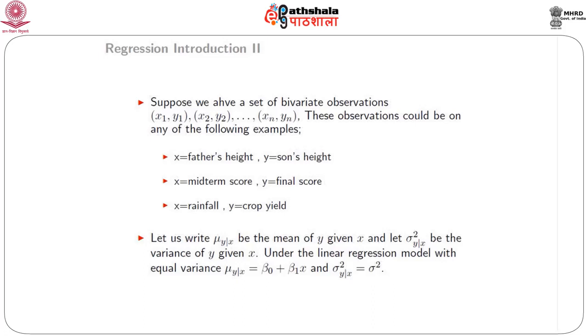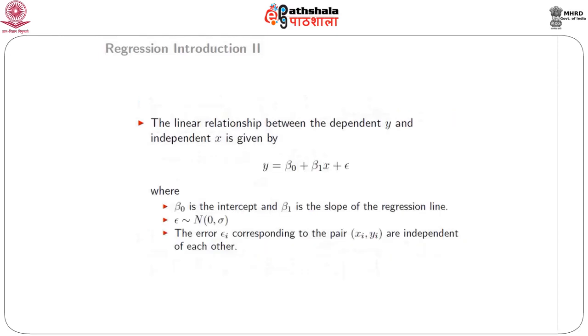Under linear regression model with equal variance, mu y given x equals beta naught plus beta 1 x and sigma square y given x equals sigma square. So, the linear relationship between the dependent y and independent x is given by y equals beta naught plus beta 1 x plus epsilon, where beta naught is the intercept and beta 1 is the slope of the regression line.